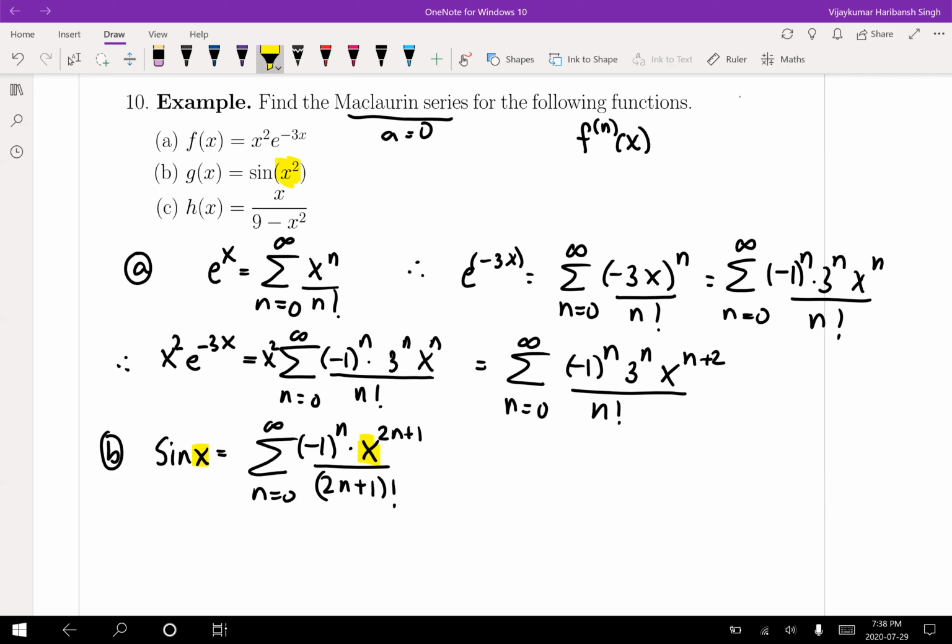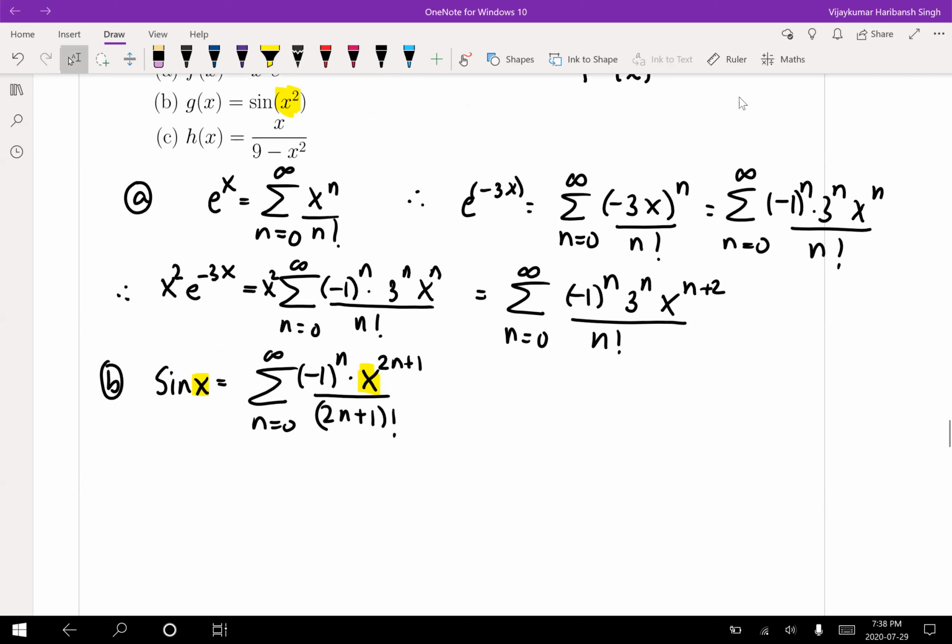So therefore, this implies sine of x squared is summation n equals 0 to infinity of minus 1 to the power n.